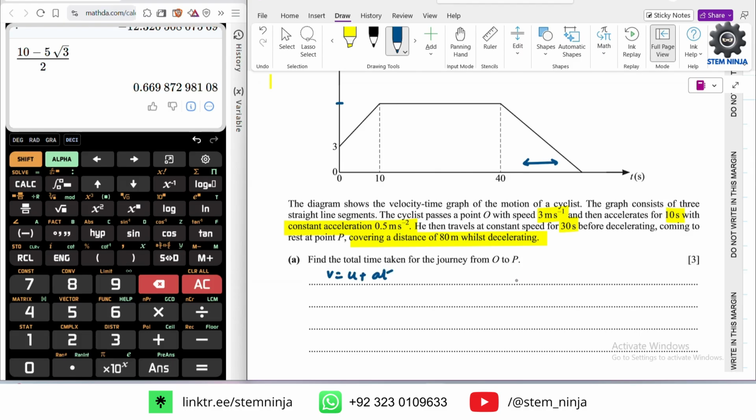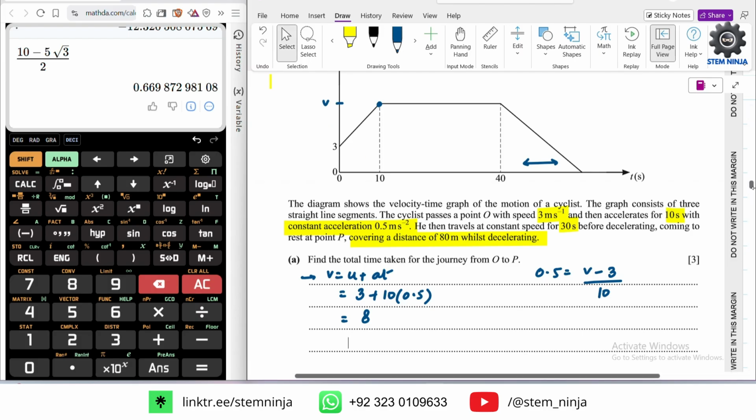Either we can do it this way, or we know the gradient of this line, which is 0.5, (v minus u), let's say (v minus 3) divided by 10, which is basically the same thing. Acceleration, so basically this is 3 plus 10 times 0.5, so 3 plus 5, that is 8. So that is 8. Okay.